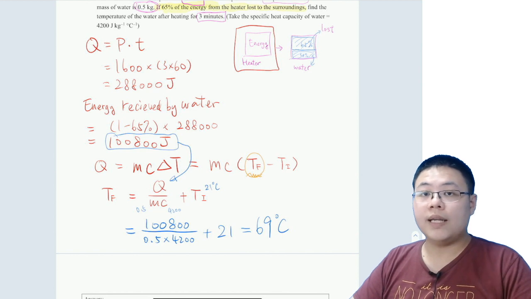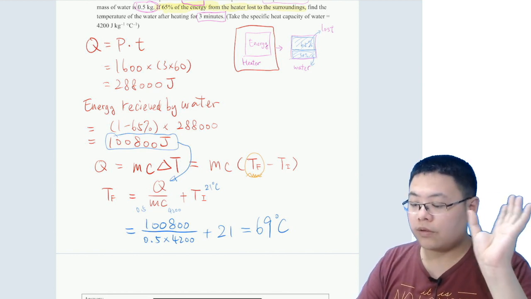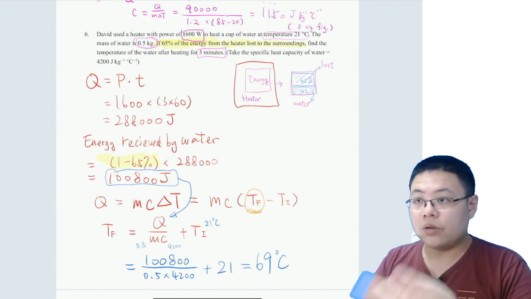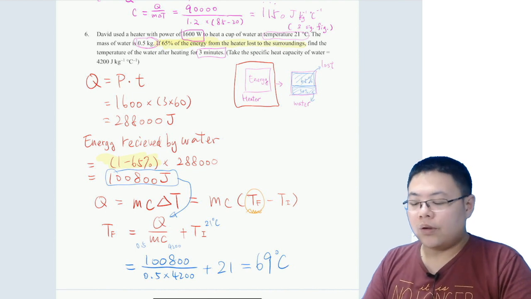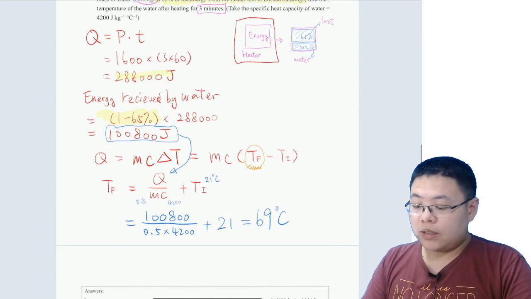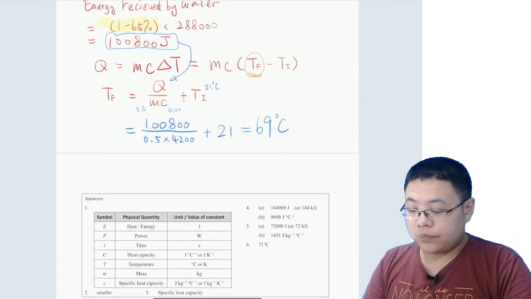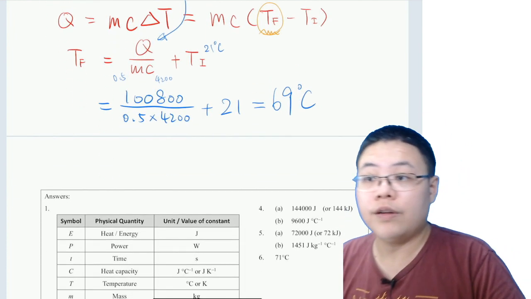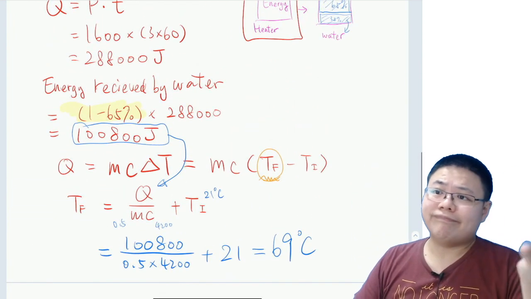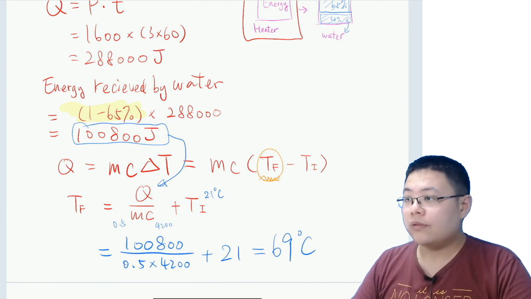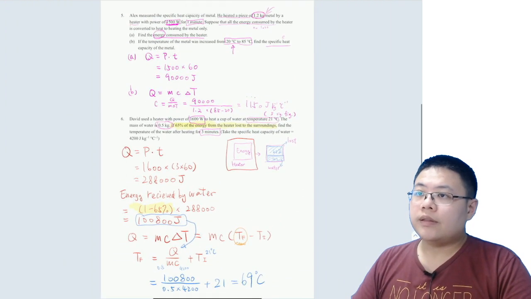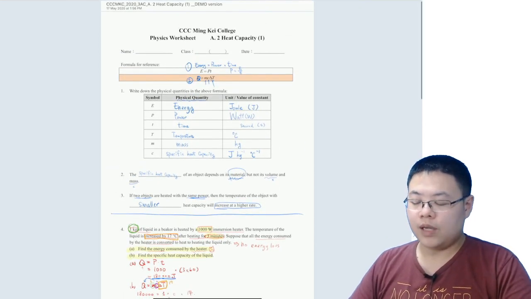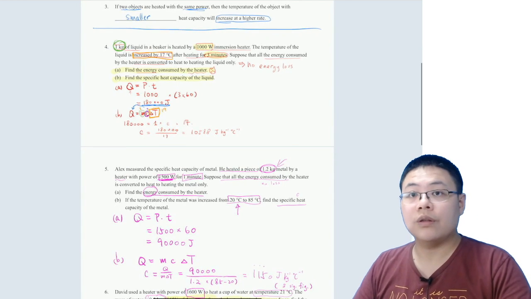Whew. Okay. Key point of this question is to learn how to deal with the energy loss according to the question. Okay. If you plug in this, then you will calculate another value. And also the techniques of changing subject is also very important for physics or mathematics in general. That is it. So I have demonstrated how to do the assignment and hope you can do well in your version. Bye bye.